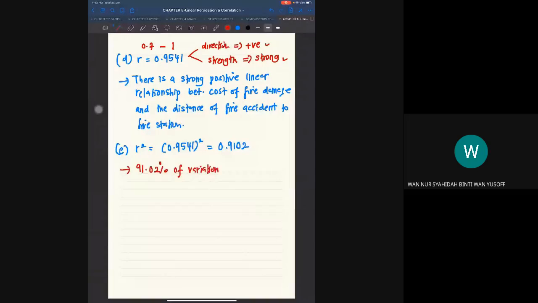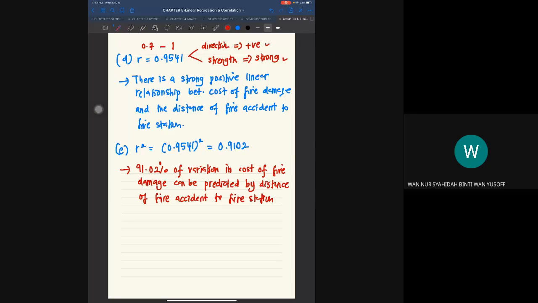in Y, so Y is the cause of fire damage, can be predicted or explained, similar thing, predicted by your X, distance of fire accident to fire station.